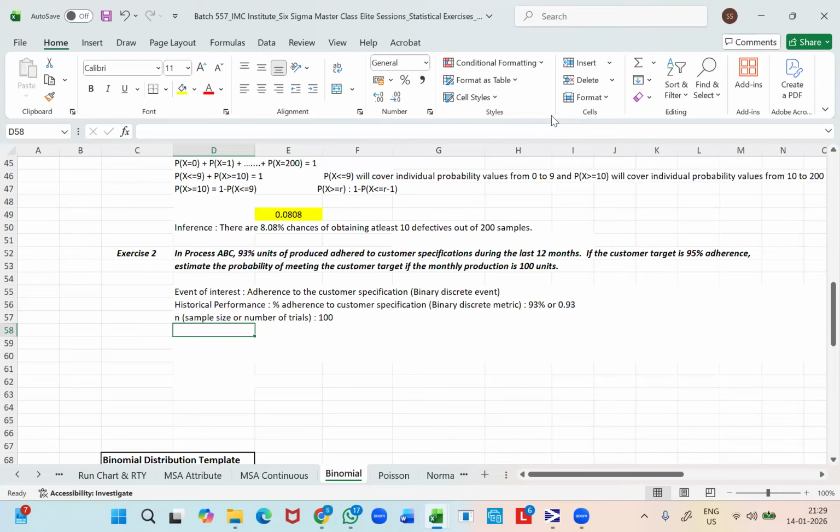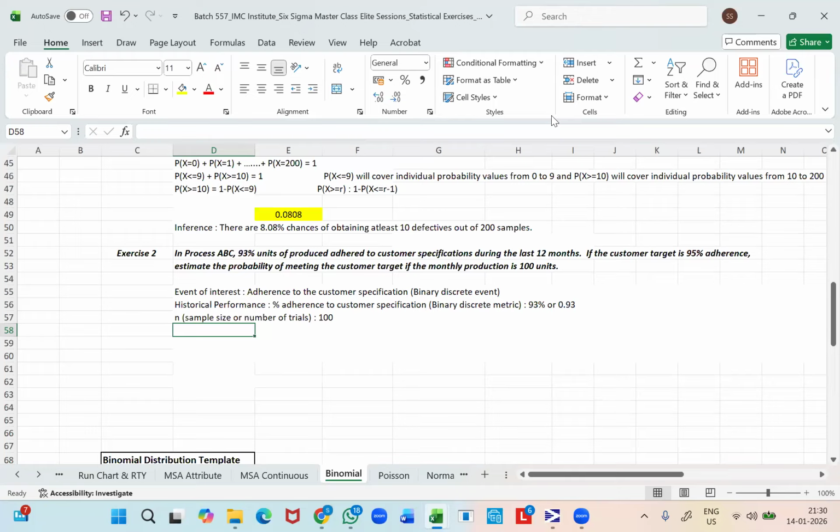So when we have 100 units as the monthly production, out of 100 units, how many units minimum need to adhere to customer specifications if we are to meet the customer target of 95% adherence? 95 out of 100, right?